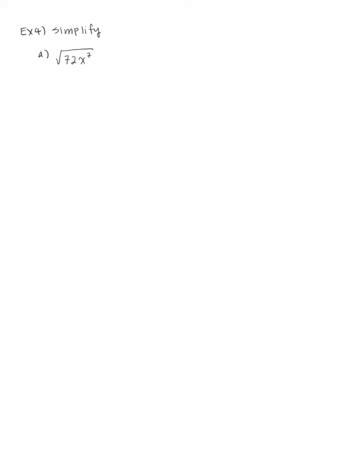I'm going to break down 72 into a product of primes. So 72 divided by 2 is 36. And 6 and 6, 2, 3, 2, 3. So 72 is 2 to the third times, what is that, 3 squared. All right, but since we're given the square root, what we're looking for is perfect squares.